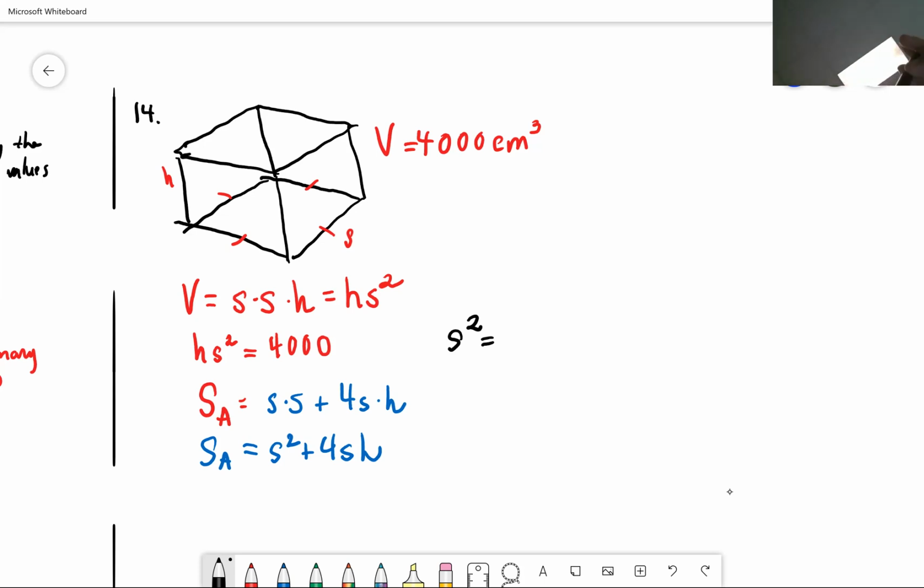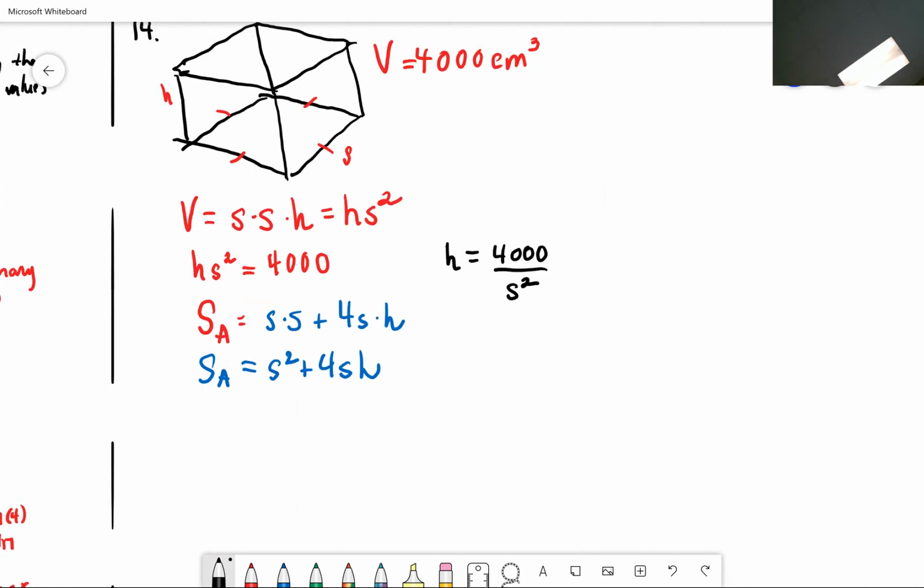I'm going to work with H. H equals 4,000 divided by S squared. Do you see what I did there? What's H? 4,000 divided by S squared.